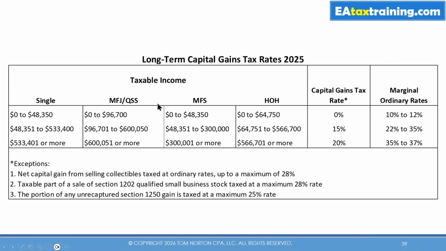So for instance, if you have a couple who is married filing jointly, and they've got taxable income between $96,701 and $600,050, any capital gains that they have will be taxed at 15%. And then you can see for our higher income taxpayers, they would pay capital gains at a rate of 20%.